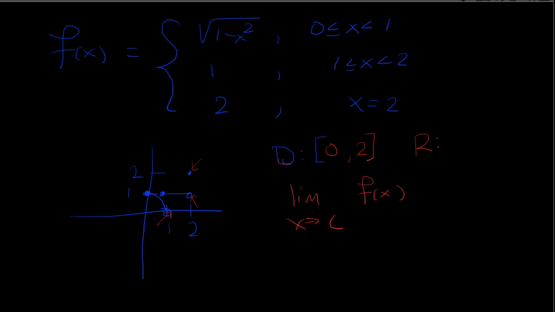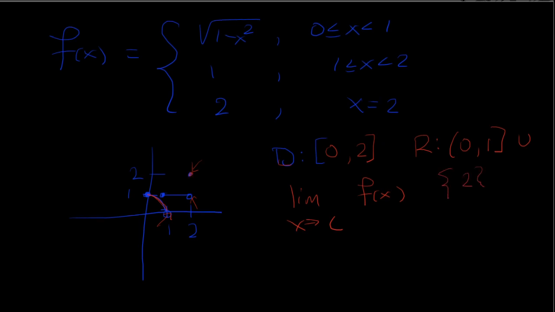That's over here, but it's not included. So we're going to put an open parentheses. We go all the way up to 1 here. And then we also want to include this point here at 2. So we're going to just put 2 like that. So it's between 0 and 1 and 2.